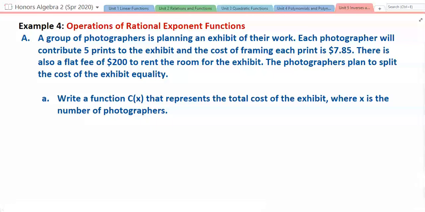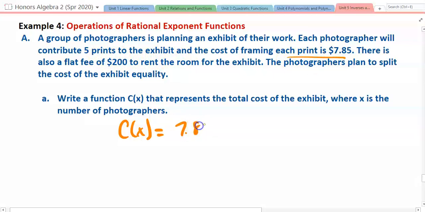And so what is our cost function going to be? C of x, the cost, is this. Each one's going to contribute 5 prints, and each print is $7.85. And how many photographers are there? Well, we don't know that yet, right? So it's going to be the $7.85 times the 5 times the number of photographers.